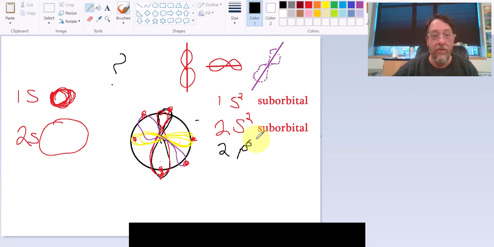And so between the s orbital, the first two electrons go on, and then the three different p orbitals, that's another six: two in the s and six in the p. And so then it's full.